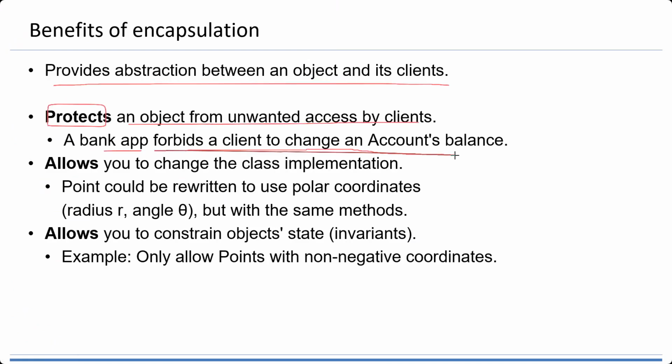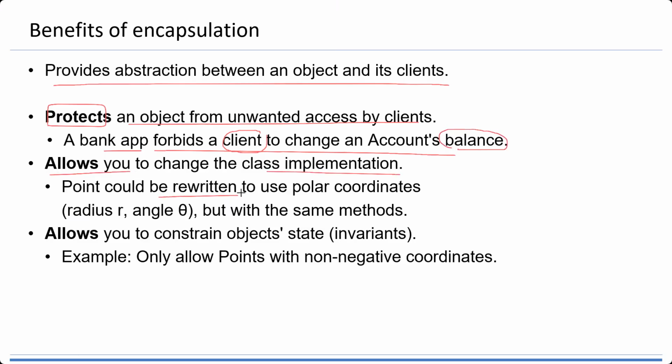If you have some money, of course, the user or the client cannot change how much money you have. You want to change the money by yourself? It is not possible. Only the bank, or only some people who have the access, can change the balance. Or you can change the implementation by rewriting.